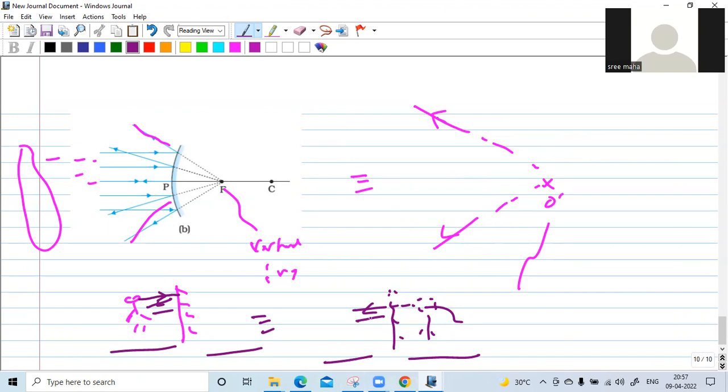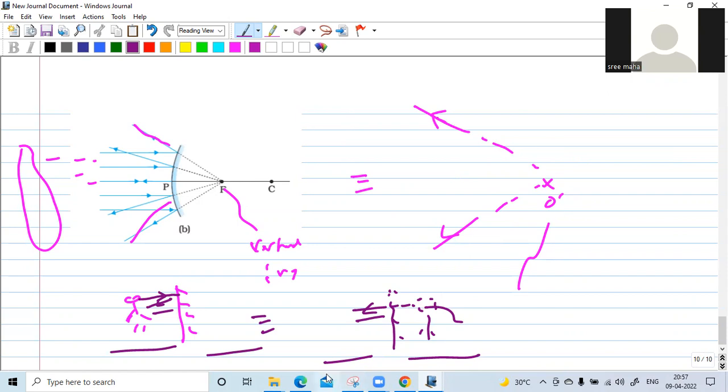It's not complicated. So this is the basic idea. Whenever we have a virtual object, it's as if nothing is there, but there is an object sitting, and the light is coming directly from the object. So for an eye, it will not make a difference whether the light is coming from here, getting reflected and reaching you, or it's coming straight from a virtual object.